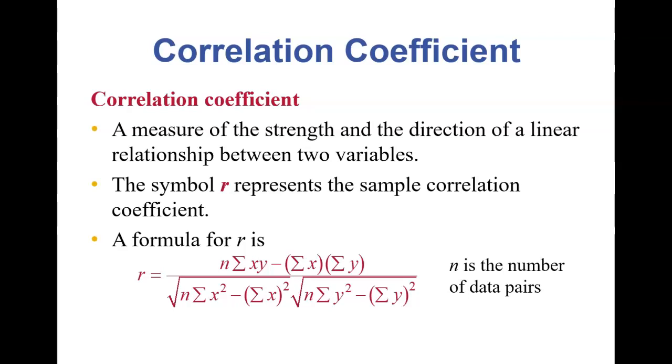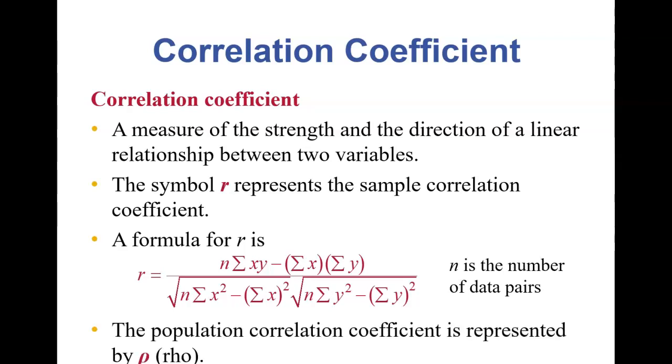R represents the sample correlation coefficient, and rho represents the population correlation coefficient. So r is for your sample and rho is for population. Keep in mind, r is for sample and rho is for population.